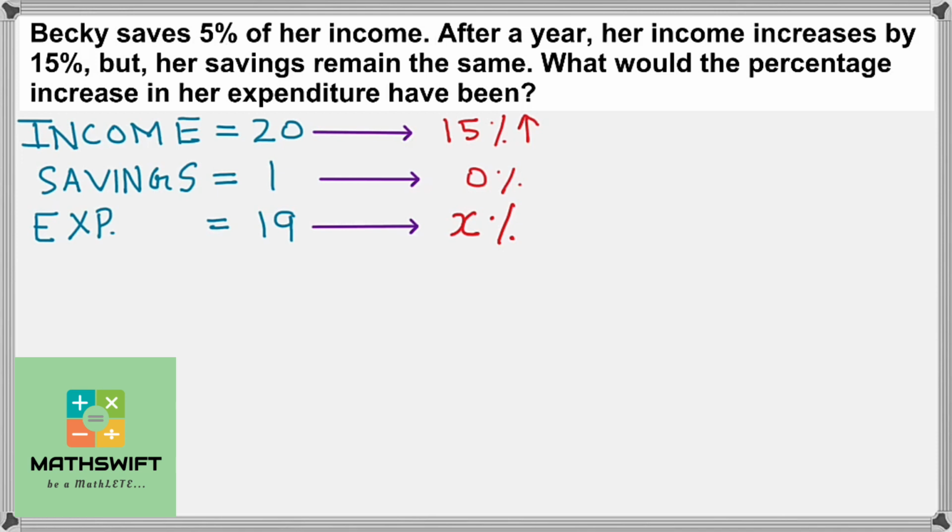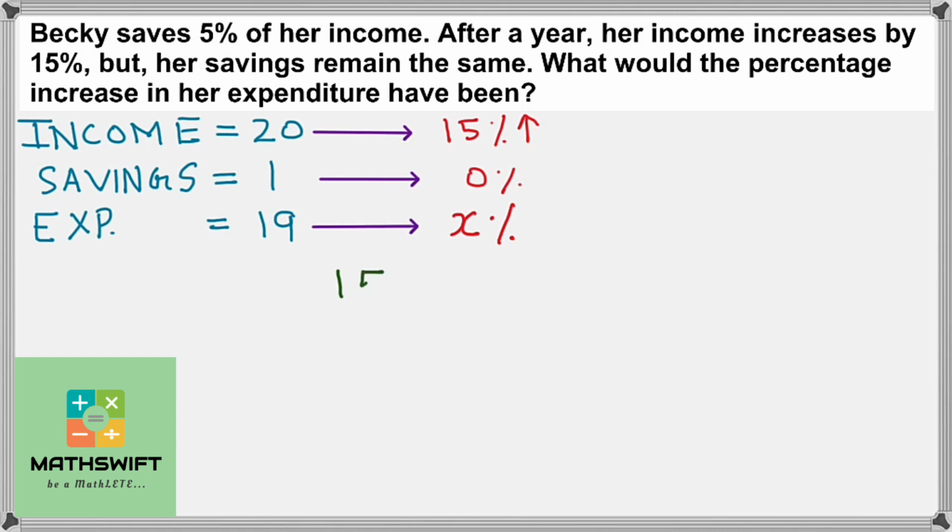Let's try solving this problem by the method that we saw while solving the previous question. If she is earning 15% extra the next year and isn't saving any extra money, her entire extra income goes into the extra expenditure that she makes with that increased income. I hope it makes sense. Since her income increases by 15%, 15% of 20 is her extra income, and none of that extra income goes into savings.